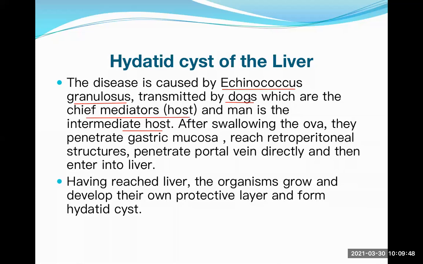So remember, this is the life cycle of this parasite. They have different types of host. Definitive host means where the sexual life cycle occurs, and intermediate host is the other type of host. After swallowing the ova, they penetrate the gastric mucosa, reach the retroperitoneal structure, then penetrate the portal vein, and then they enter into the liver.